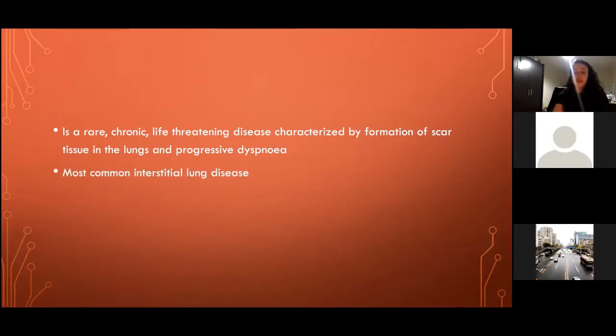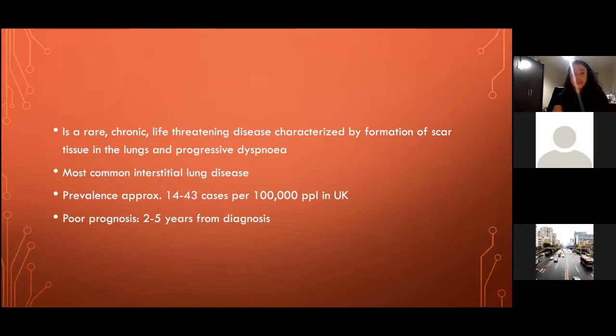It's the most common of the interstitial lung diseases. In the UK, it affects about 14 to 43 people per 100,000. It has a very poor prognosis of about 2 to 5 years from diagnosis, and it's of unknown cause.